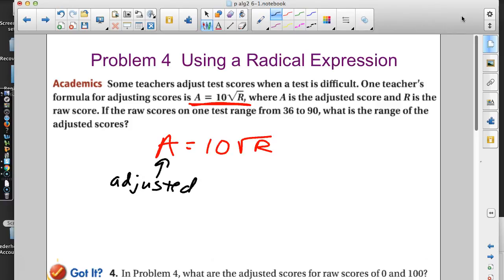So not the real score that they got on their paper. That's the one that the formula kicks out so they can get a better grade or a worse grade depending on what's going on. In most cases it's going to be a better grade. And then this one, the R, it says is called the raw score. The raw score is what did you actually get? You know, how many right out of how many total did you get?